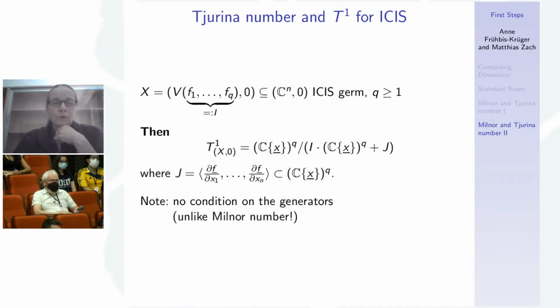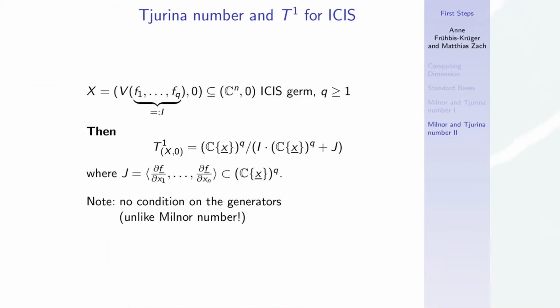Now, for computing the T1, or the Tjurina number of our isolated complete intersection, we are basically in the same situation. We have a complete intersection space germ generated by F1 to Fq, so it's of codimension q.